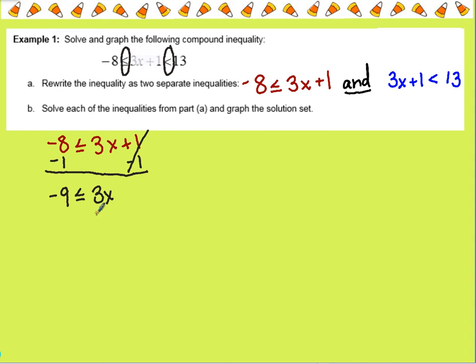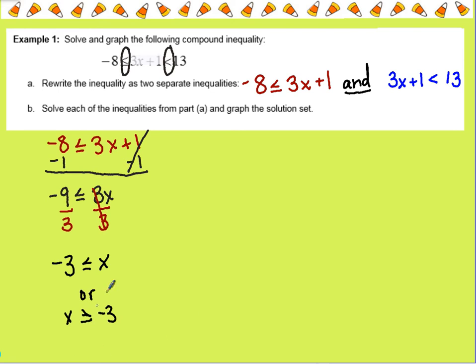Then let's divide by 3 to get x alone. And here we have negative 3 is less than or equal to x. Remember that you can rewrite this if you'd like, so that way x is on the left. The sign is opening up to the x, so it still must open up to the x here.